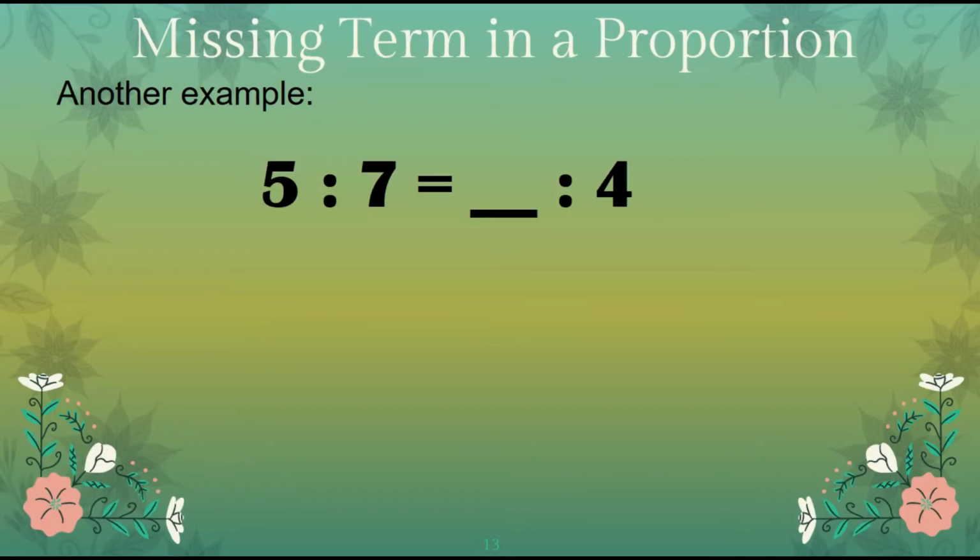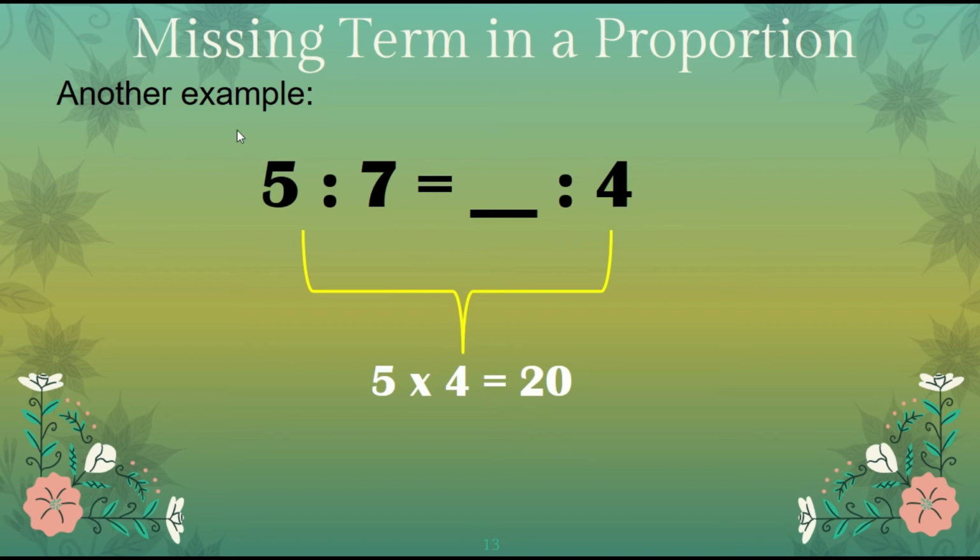So let's have another example. 5 to 7 is equal to blank is to 4. So this time, ang meron naman dalawang extreme. You're going to multiply the two extremes. 5 times 4, we have 20. So since walang kapartner yung isang means, we will divide the product of the extremes, which is 20, by 7.